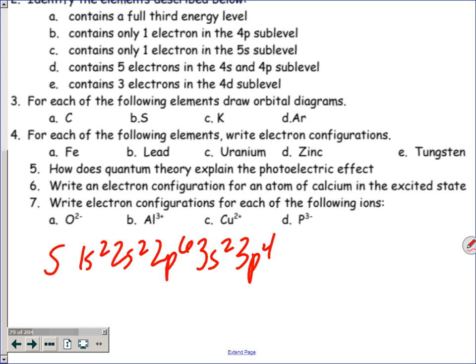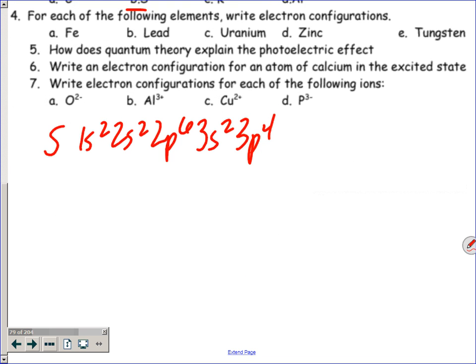So just heads up real fast, I do want to make sure you're not getting yourself in trouble right now. Sulfur, which is 3B, who's already attempted it? Okay, 1s2, 2s2, blah, blah, blah. You have your electron configuration because you can read that off the periodic table quite easily. It stops at 3p4. But when you're drawing this orbital diagram, how do you draw this last one? Like, how do you draw the 3p4 area? You have to draw 3 lines. I don't care if you use all the orbitals or not.